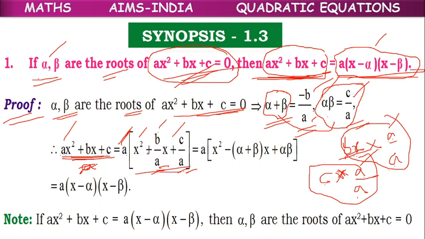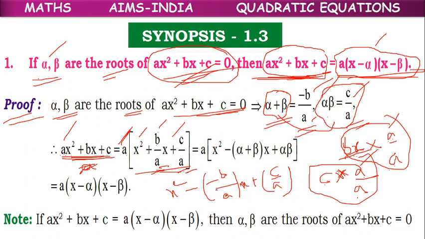Next, this plus b by a we can write as x square minus of minus b by a x plus c by a.